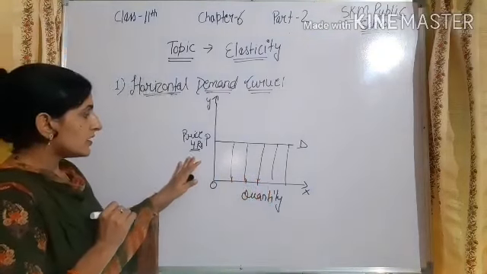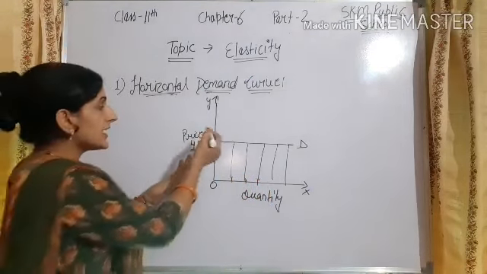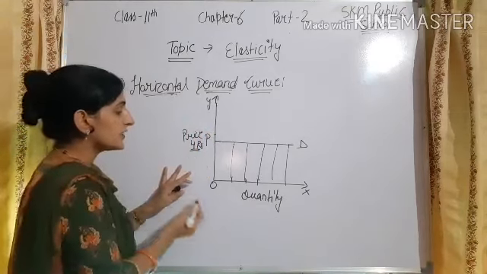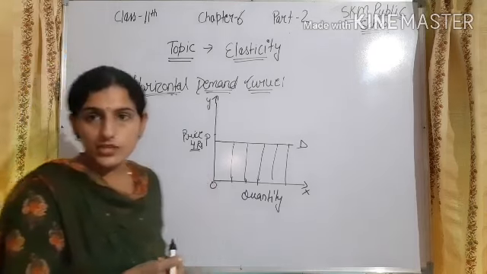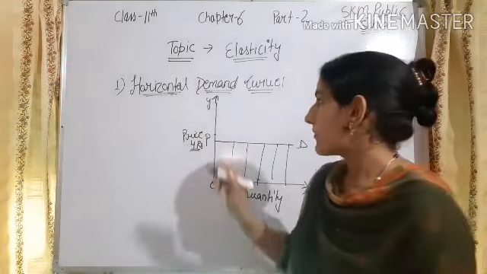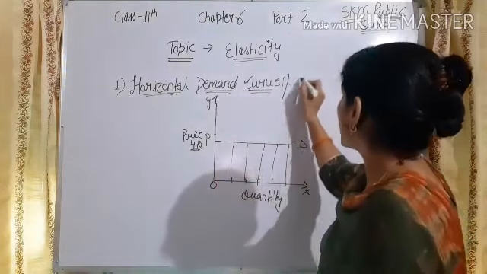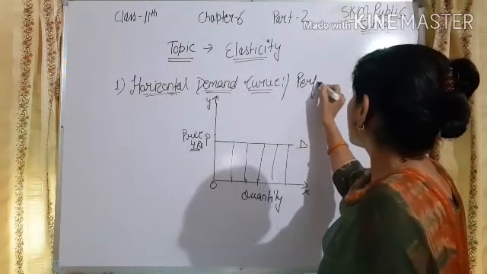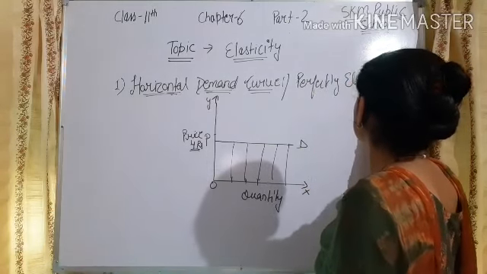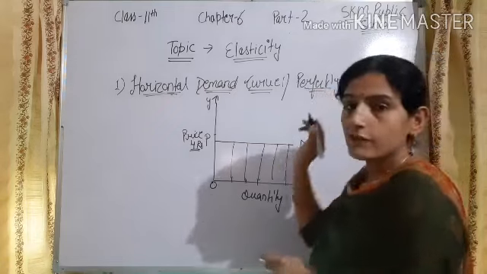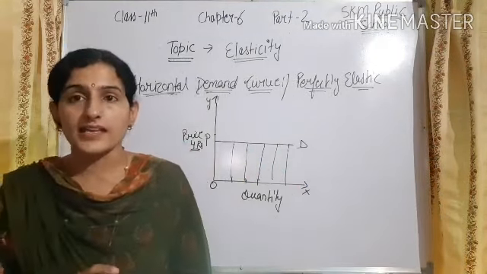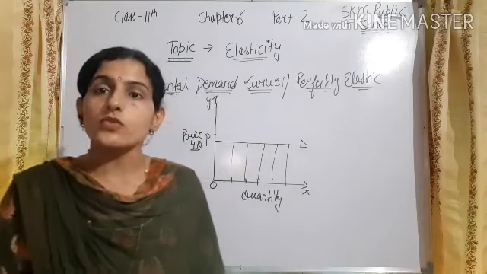If the price increases from 4 to 5, then demand falls to 0. This is also called perfectly elastic demand. With a very slight increase in price, demand falls to 0.